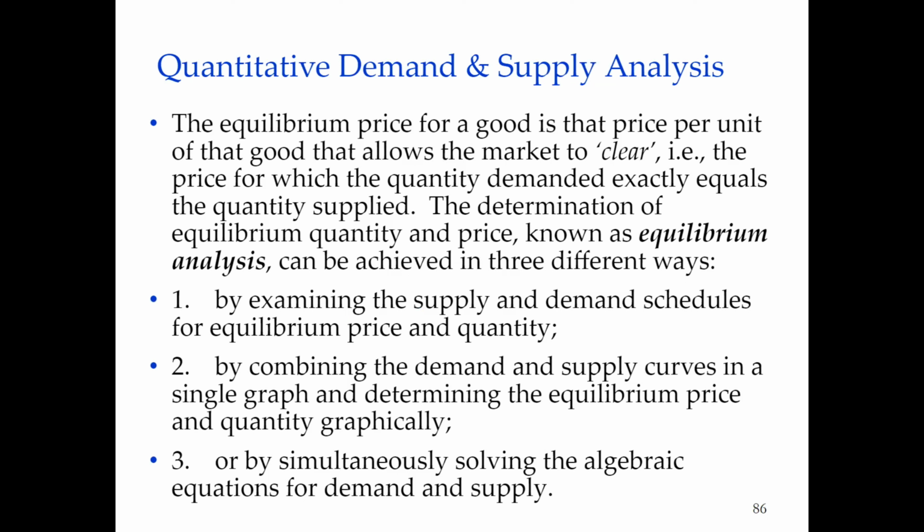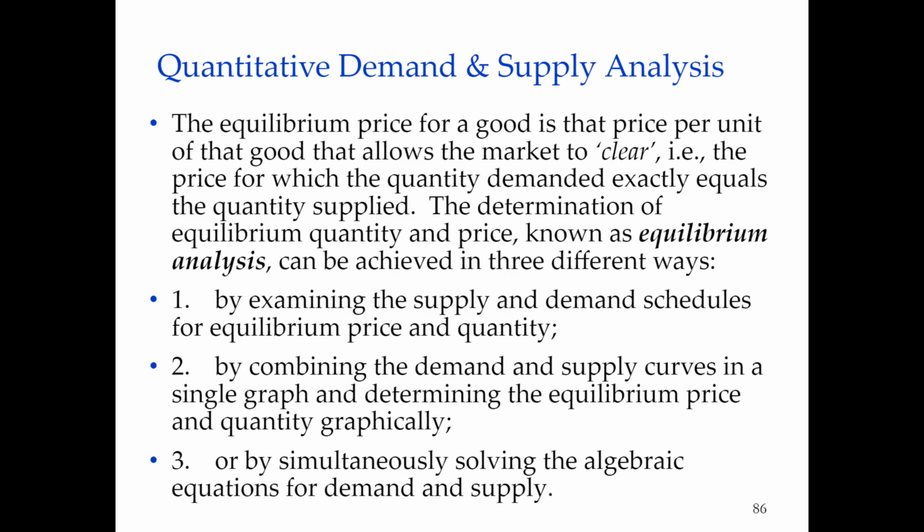Quantitative demand and supply analysis. The equilibrium price for a good is that price per unit of that good that allows the market to clear. For example, the price for which the quantity demanded exactly equals the quantity supplied. The determination of equilibrium quantity and price, known as equilibrium analysis, can be achieved in three different ways.